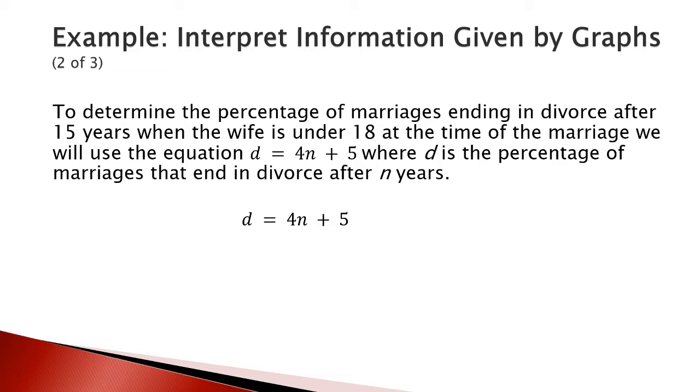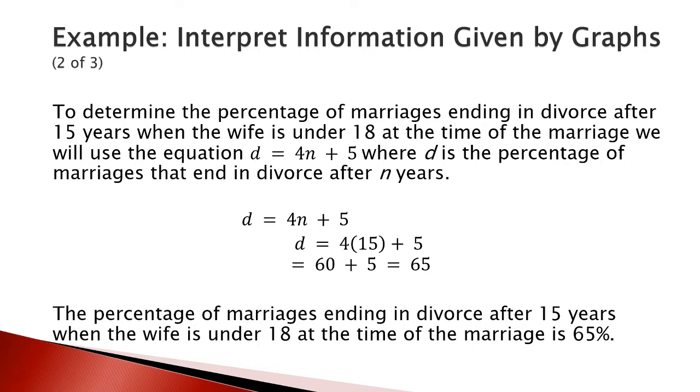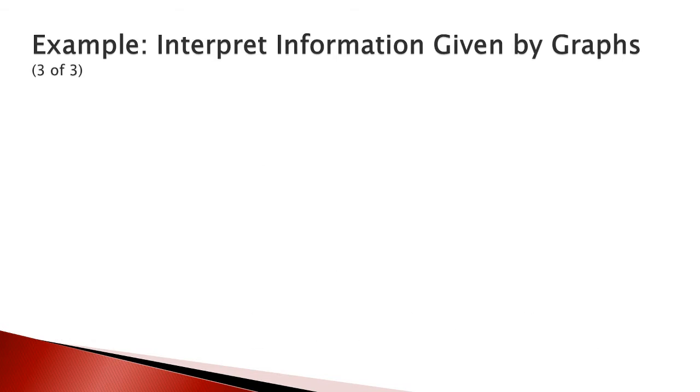All we have to do is substitute 15 for n in this equation, and when you solve the right hand side you will get D equals 65. So the percentage of marriages ending in divorce after 15 years will be 65%.